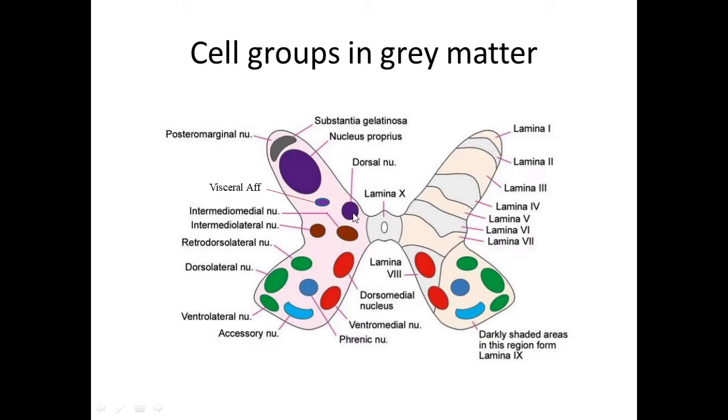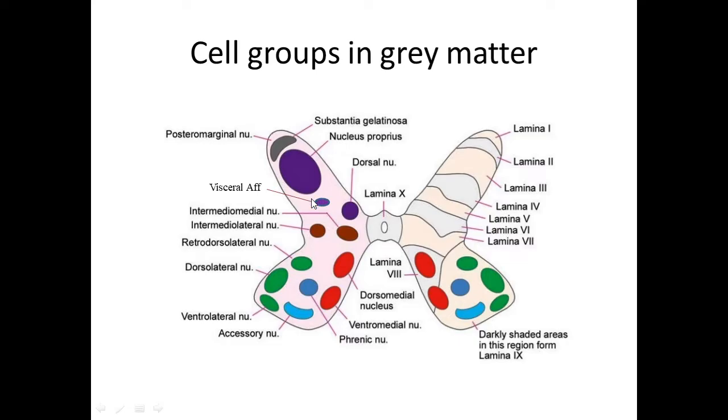And then the fibers extend to the posterior spinocerebellar tract. So this dorsal nucleus receives proprioceptive sensations from the muscle and joint sense and exteroceptive sensations like touch and pressure from the trunk and lower limb.